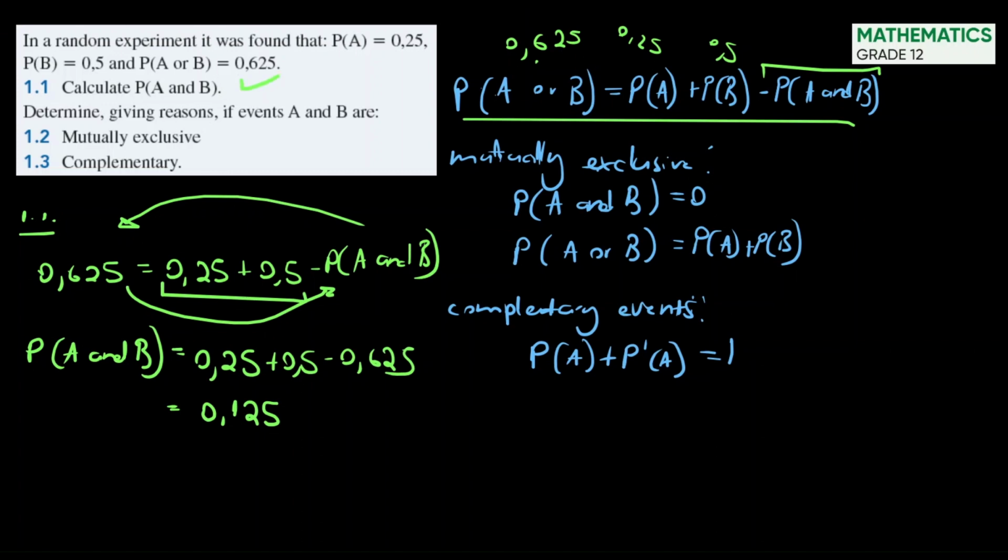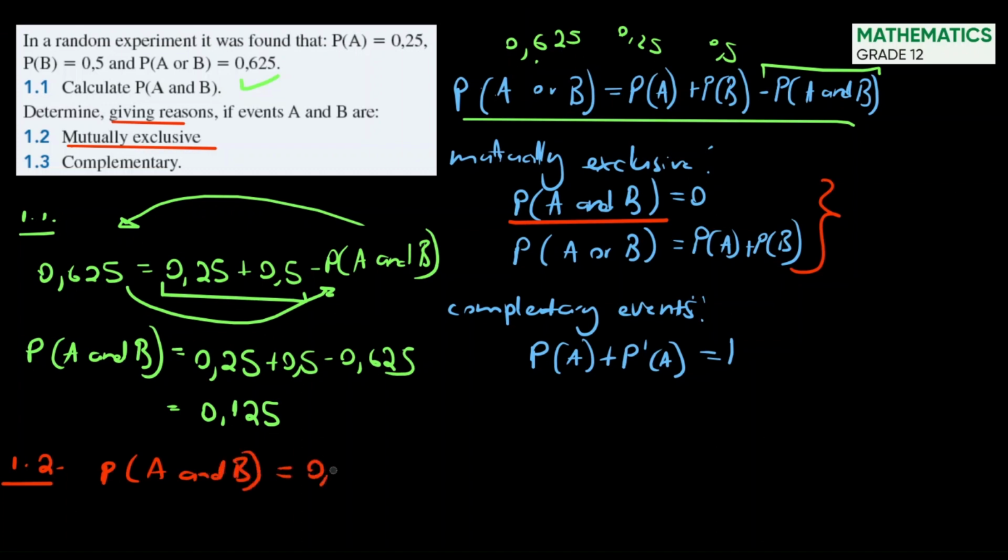The second part of the question is asking, determine, giving reasons, if events A and B are mutually exclusive. For these events to be mutually exclusive, the probability of A and B should be equal to 0, but we already calculated previously that the probability of A and B is 0.125, which means it is not equal to 0.